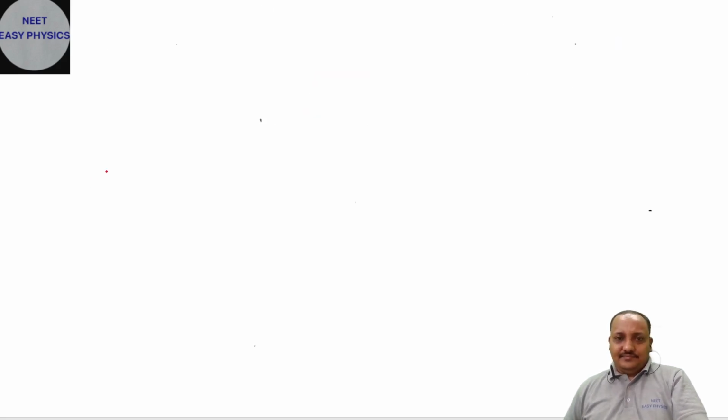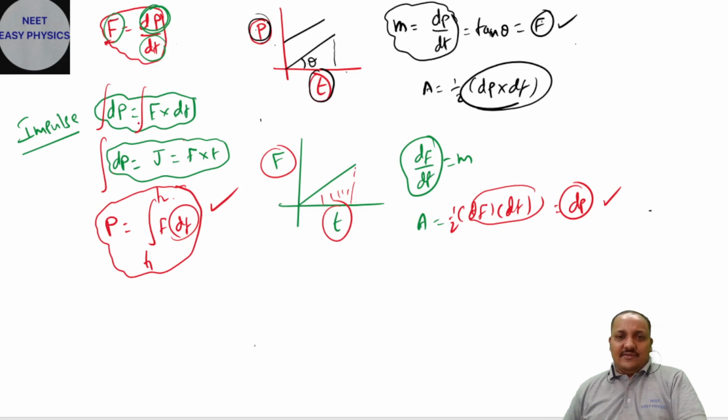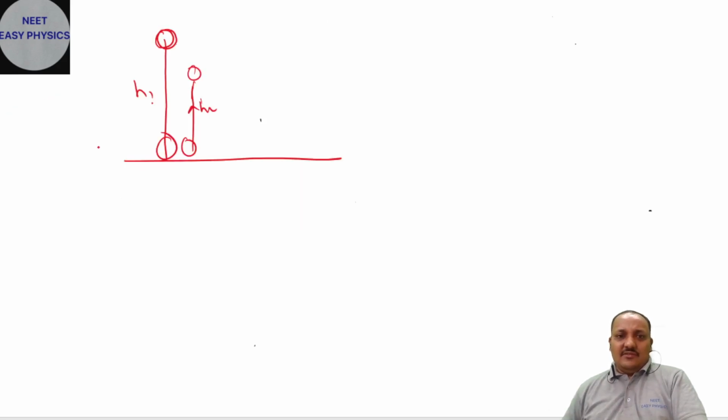Next, this model only, in 2025 they gave one question. An object is dropped from a certain height h1 and it rises to height h2. How much impulsive force is going to act? Impulsive force means, according to our definition, the change in momentum.